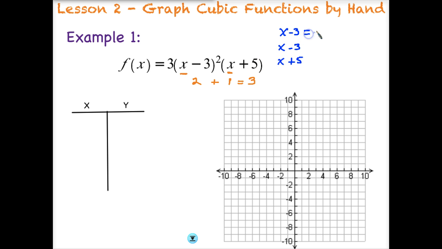So to do that, we set y equal to 0 for all of those. Remember that anywhere on the x-axis, y is always equal to 0. So we can find our x-intercepts by setting each of these factors equal to 0. And in this case, for this first one, if we set it equal to 0 and we solve for x, we would get x equal to positive 3.